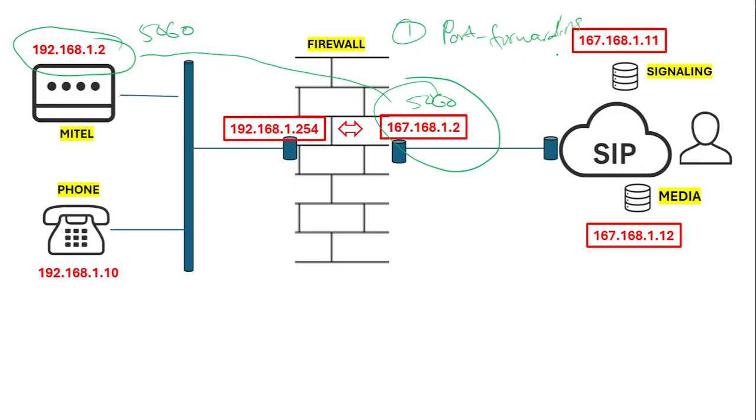And it should be able to allow inbound traffic and outbound traffic to the service provider as source and destination, which interchange. So that's number one. Let's move on to number two.